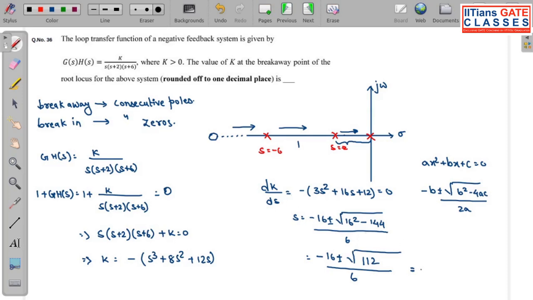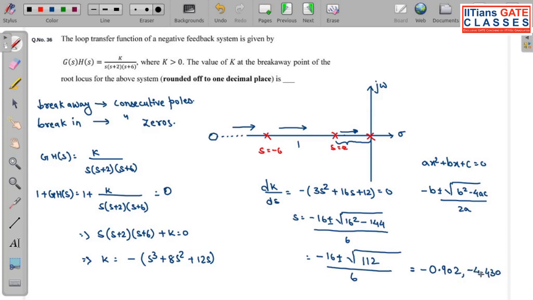So one of the values is coming out to be minus 0.902 and another value is minus 4.430. So we have two values.